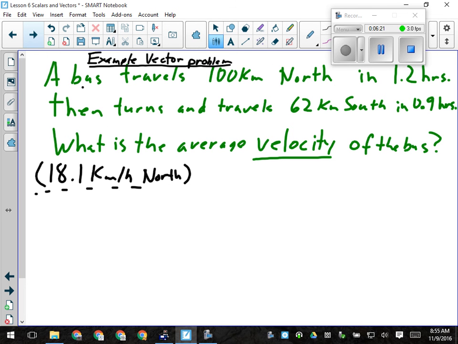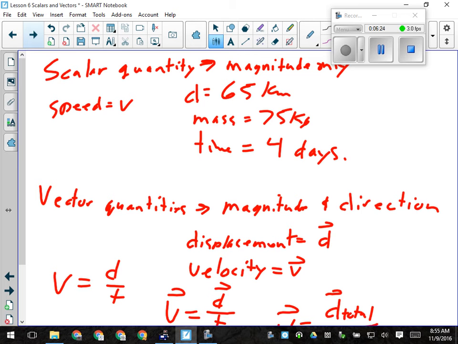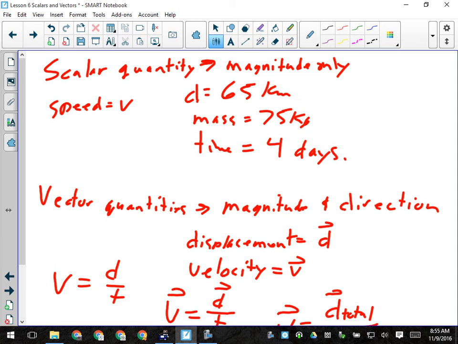All right, this is the one we did yesterday. So, things to remember. Scalar quantities have magnitude only. That is, they only have a measured value with units. So distance would be 65 kilometers. Mass, 75 kilograms. Mass is a scalar quantity. Mass has no direction.